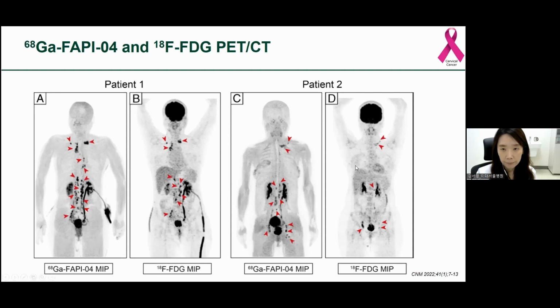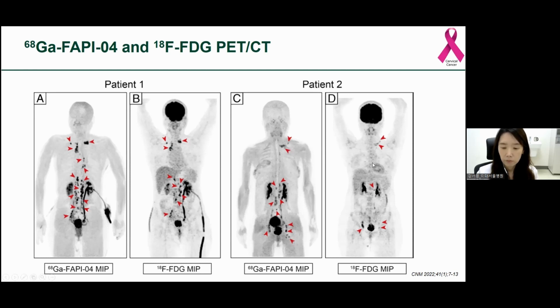And in patient 2, FAPI images clearly showed 27 lymph nodes in the left suprapubic fossa and diaphragmatic area and retroperitoneum, iliac vessels, and left inguinal area.